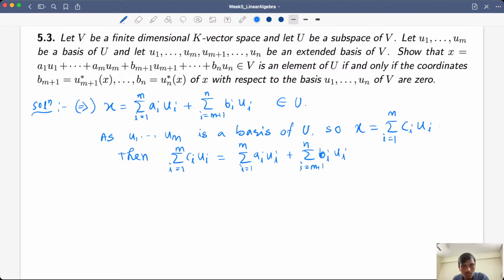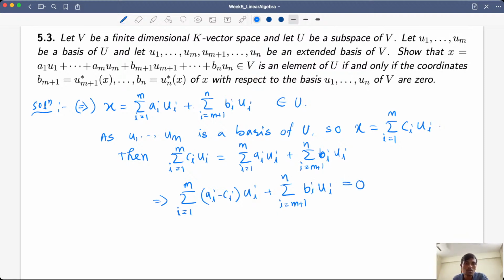Now take this to one side: the sum of (ai minus ci) ui for i equal to 1 to m, plus the sum of bi ui for i equal to m plus 1 to n, is equal to 0.